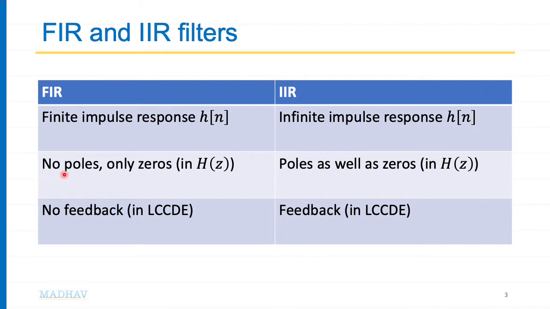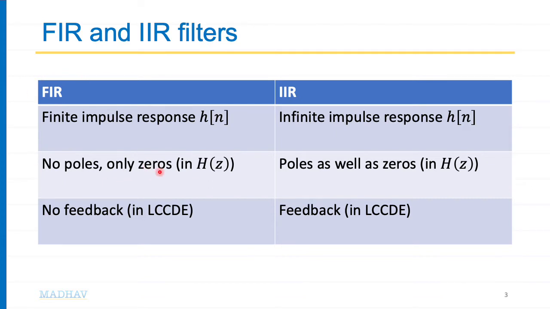Okay, then how do we see it in terms of h of z? In h of z, we characterize it with poles and zeros generally. So if there are no poles and only zeros are allowed, this is an FIR filter.